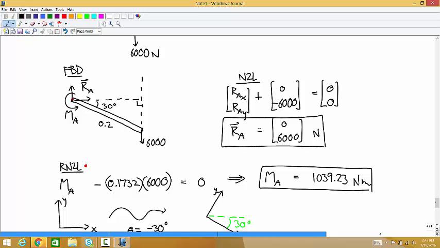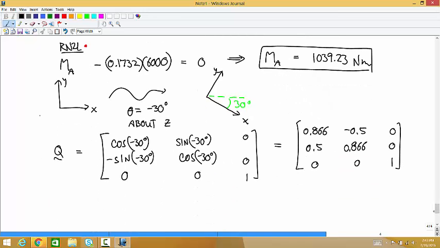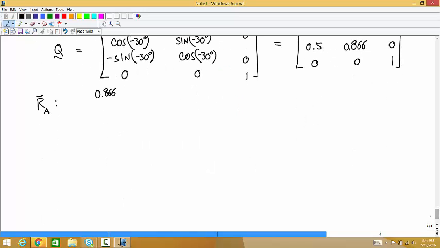This force RA. So we have 0.866, negative 0.50, positive 0.5, positive 0.866, 0, 0, 0, 1.